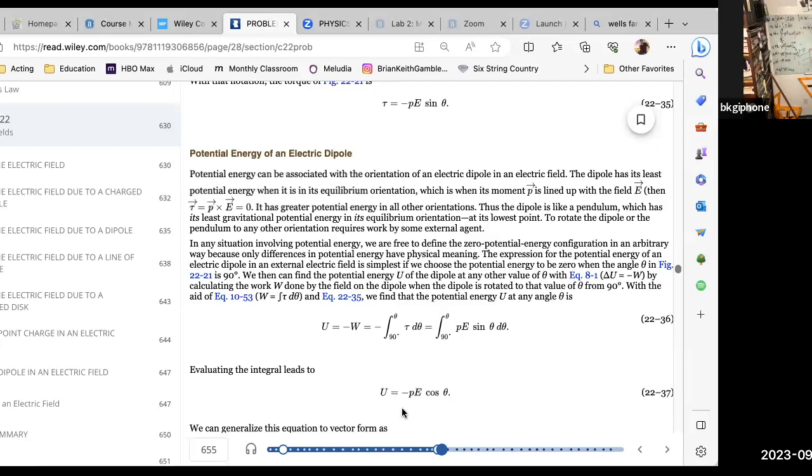Got it, yeah. So the potential energy at this point actually is zero. So the change in potential energy is therefore negative U naught, or U theta.